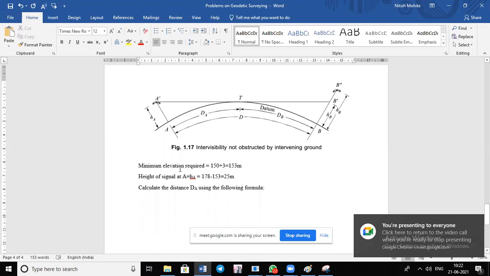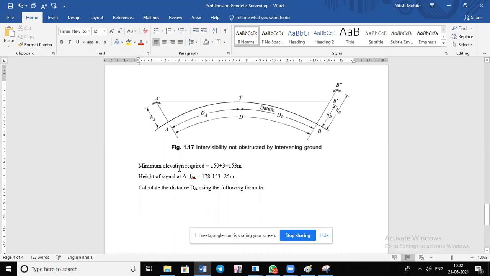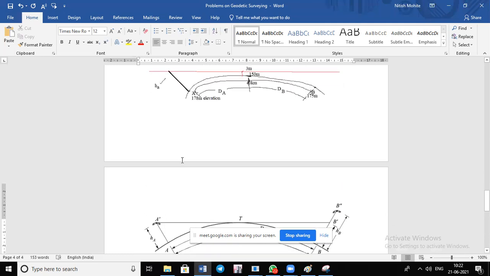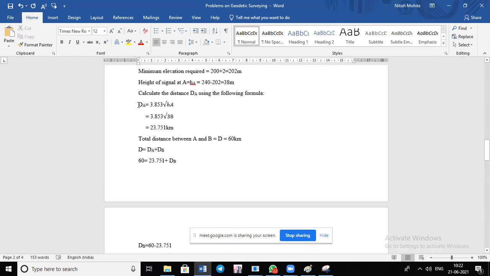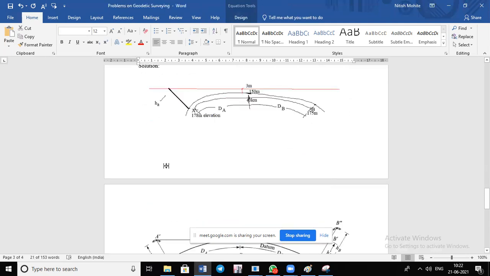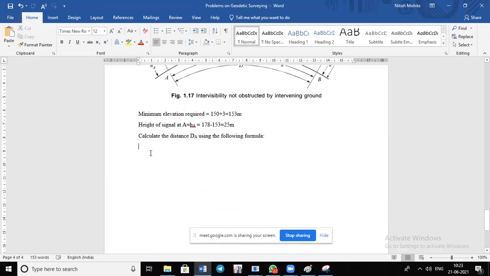So we are knowing the formula that, by using the combined correction, is nothing but 0.06732 d square. So we are going to make use of that, taking the square root on both the sides. So that formula is dA is equal to 3.853 into the square root of HA.